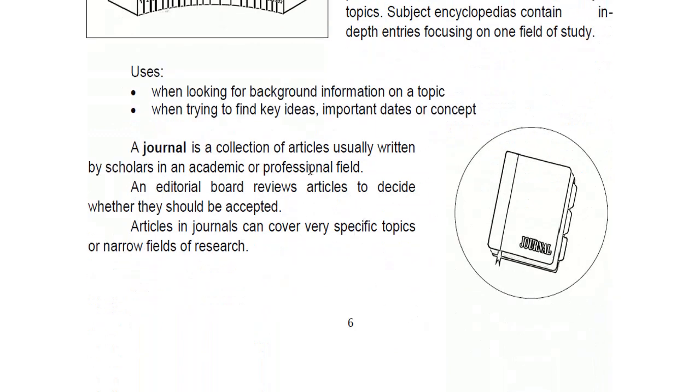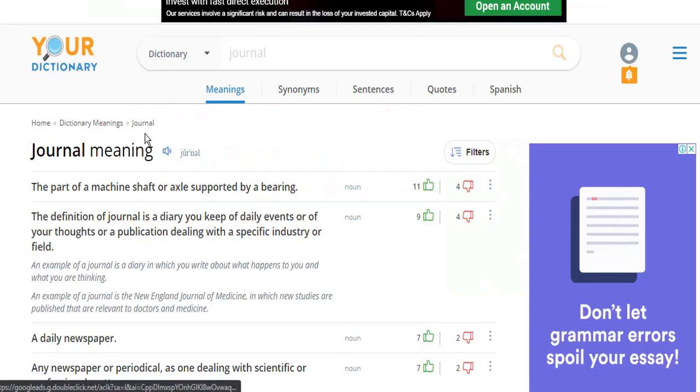Journal, on the other hand, is a collection of articles usually written by scholars in an academic or professional field. When you search that on the internet, the definition of a journal is a diary you keep of daily events or of your thoughts, or a publication dealing with a specific industry or field. For example, a group of doctors are doing research on a particular vaccine, so they will note that in their journal about medicine or about that vaccine.